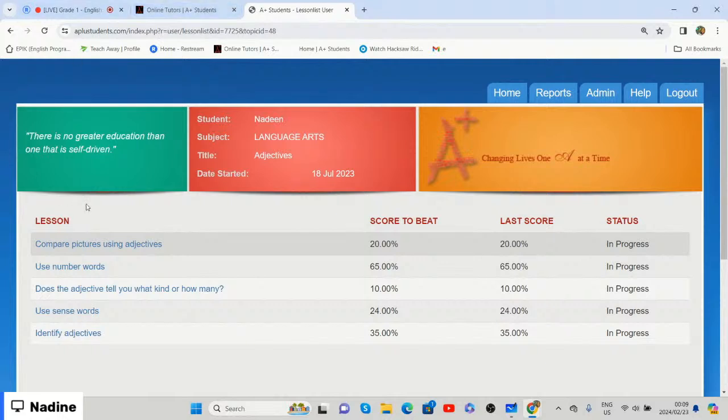So today we'll be doing adjectives that compare pictures and use numbers, and we're going to see that adjectives tell us what kind as well as how many.